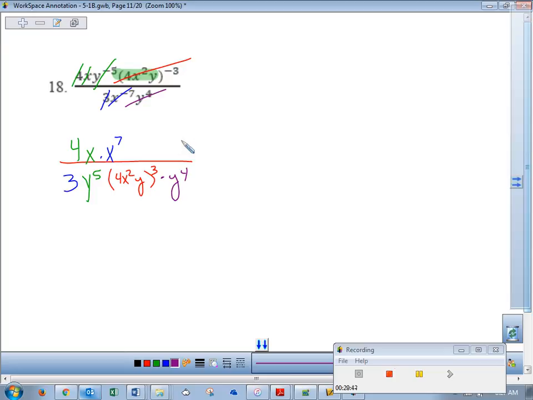How we feel about that part? Just keep putting everybody where they belong.